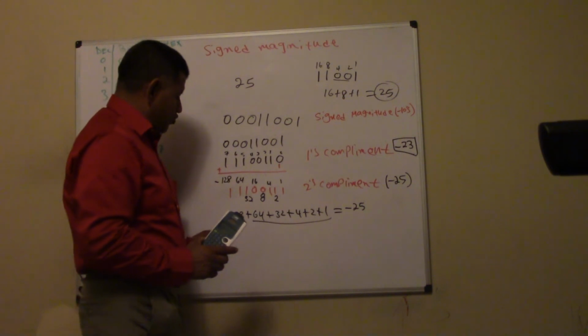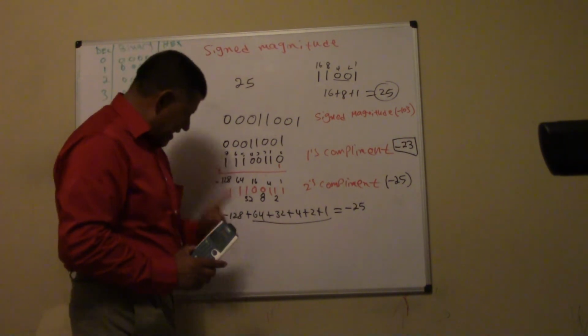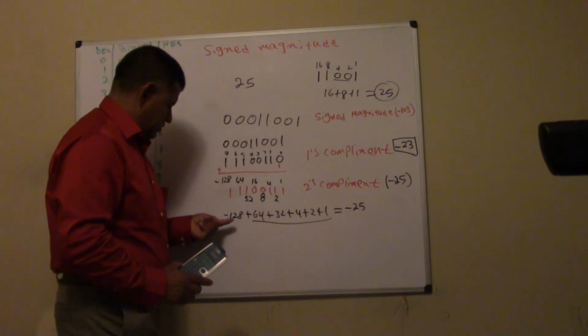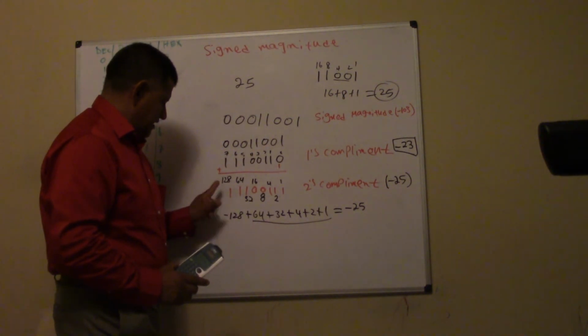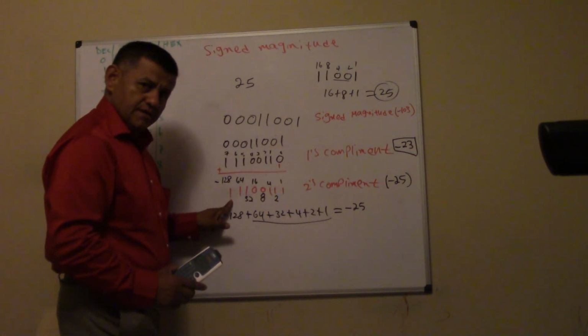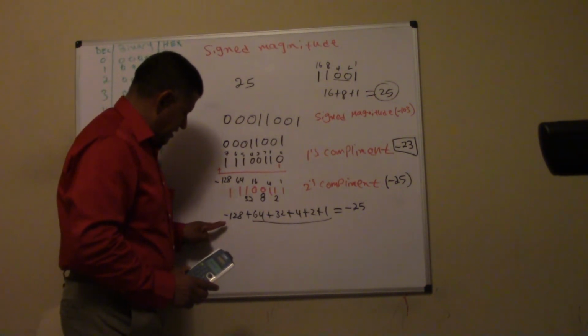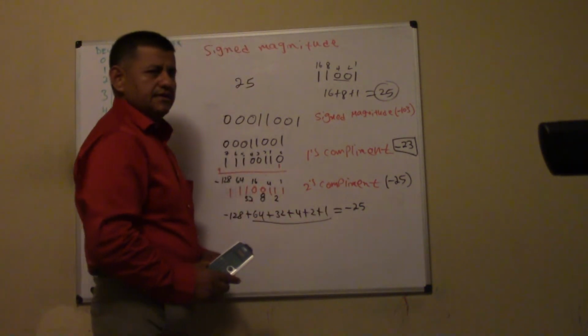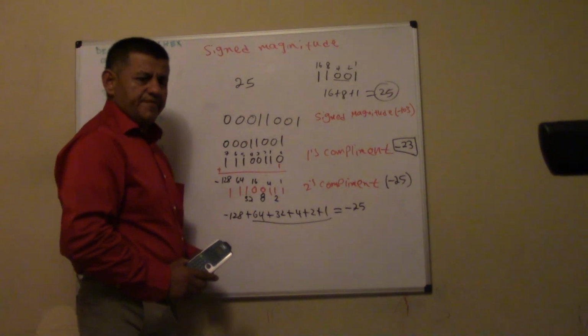And step 3, to prove that you have the right answer, do the math. The leftmost bit is the negative, which is 1 here. Then you do the math and you prove that it is actually a negative 25.